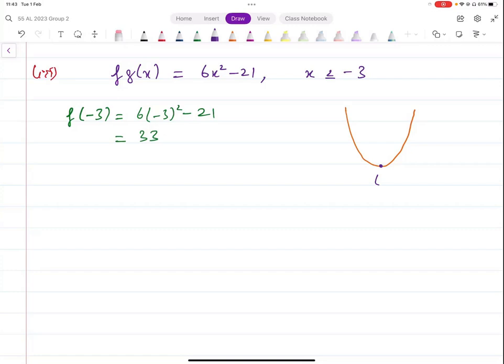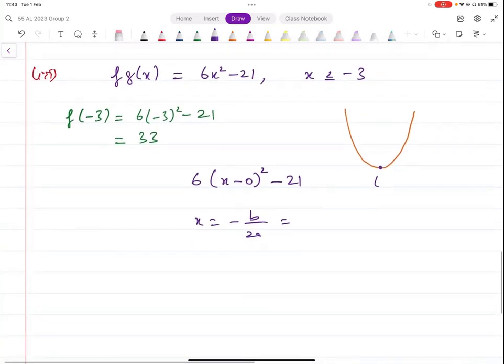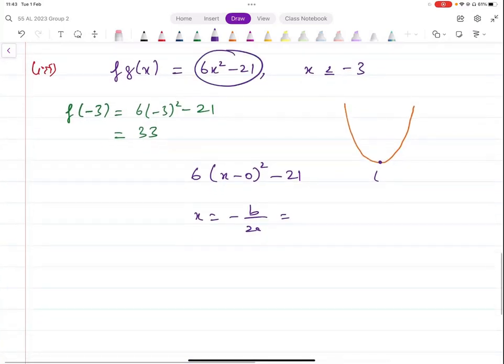You can complete the square if you want. You can actually write it like this: 6 into x minus 0 whole square minus 21. There is no x term here. This is one way to think about this. Or you could say x equals minus b over 2a. What's b here? B is not in the expression. That means its coefficient is 0. That's 0 over 2 into 6, which is just 0. X coordinate is 0.